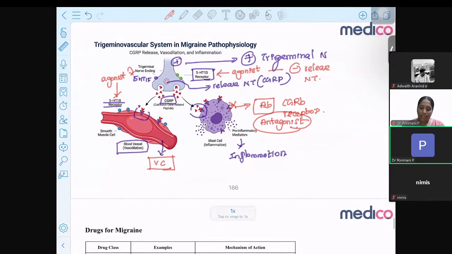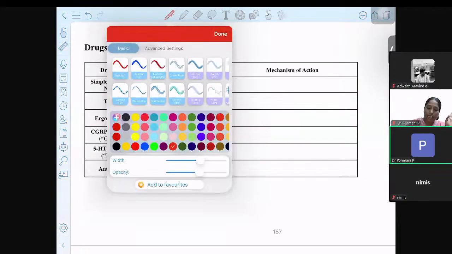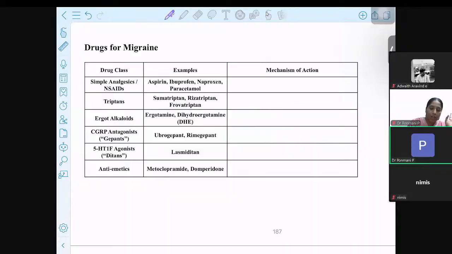So, what are the drugs which are indicated? For simple migraine, that is mild migraine, you need not start with any of the high drugs. Go for simple analgesics and NSAIDs, and that would suffice. This decreases your prostaglandin synthesis and gives a good effect.